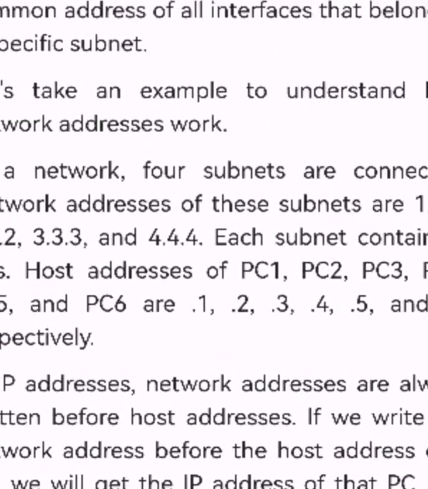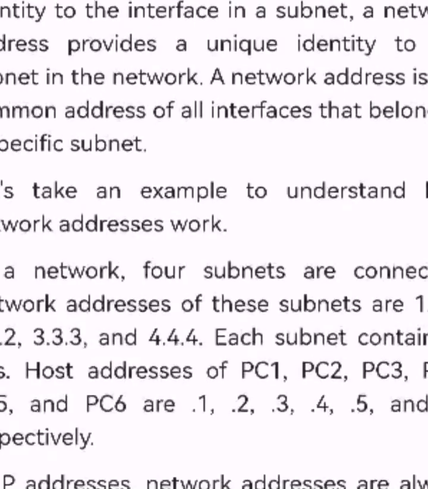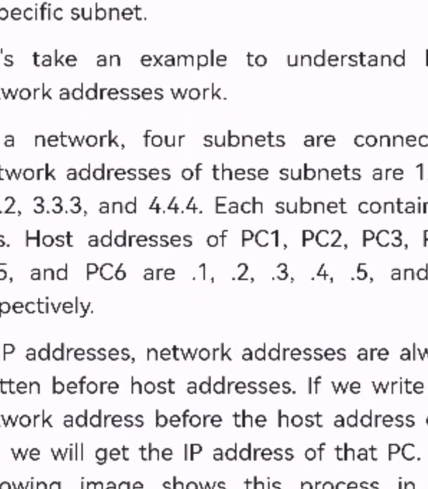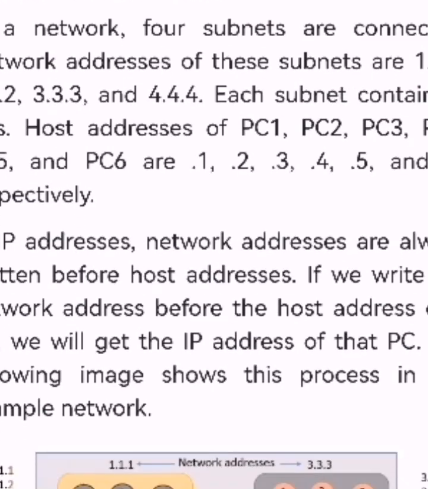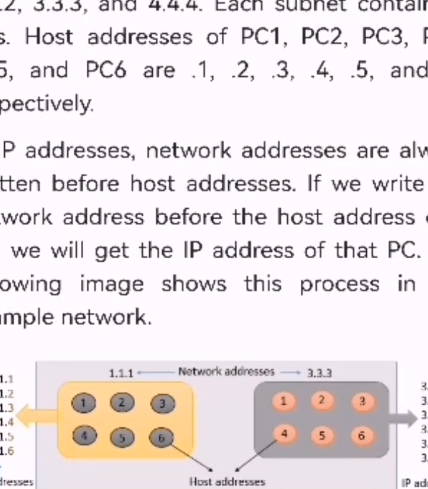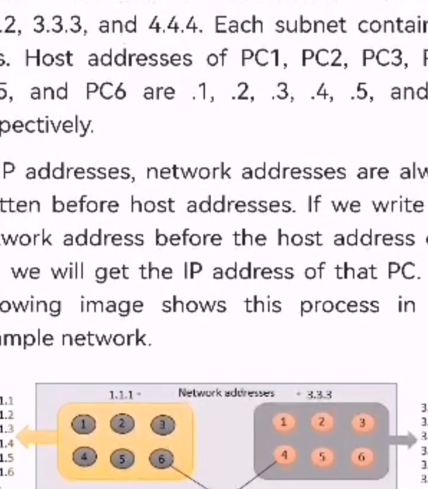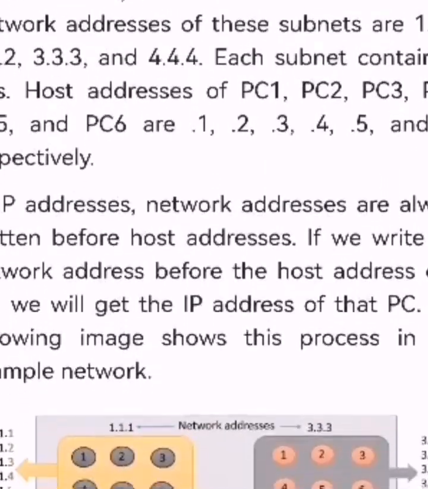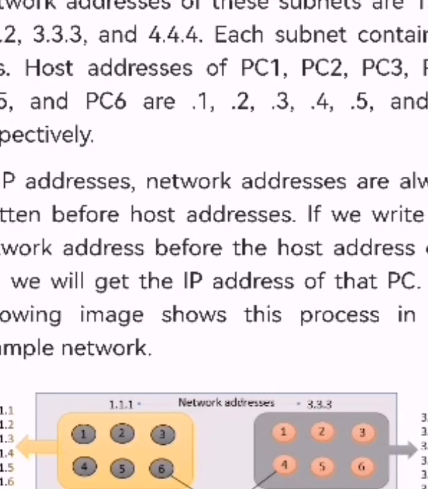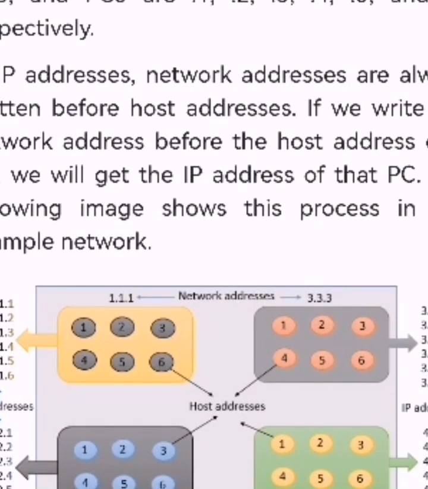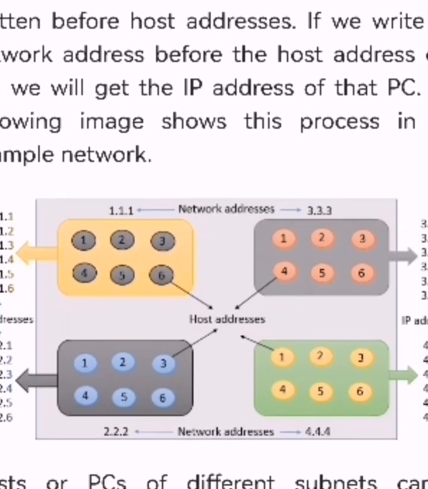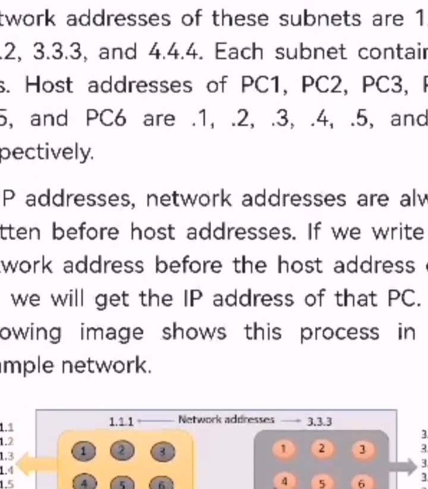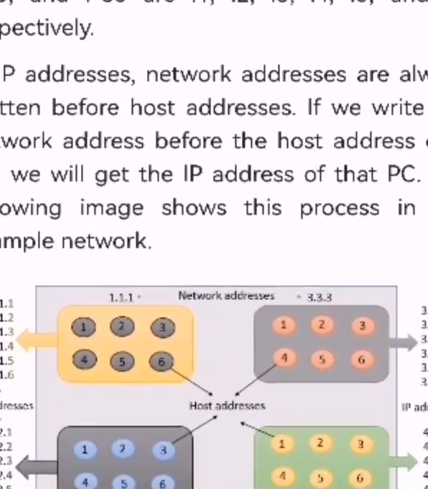In a network, four subnets are connected. Network addresses of these subnets are 1.1.1, 2.2.2, 3.3.3, and 4.4.4. Each subnet contains 6 PCs. Host addresses of PC1, PC2, PC3, PC4, PC5, and PC6 are 1, 2, 3, 4, 5, and 6 respectively.